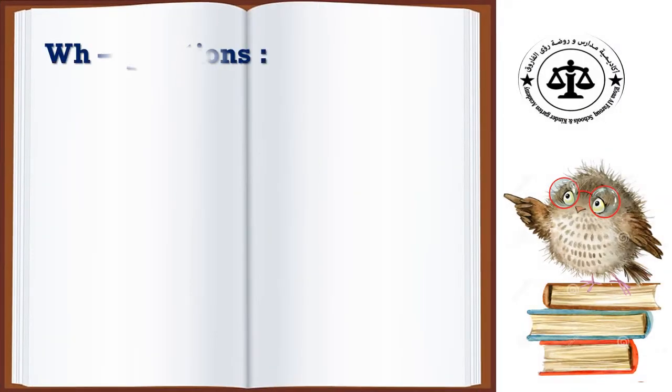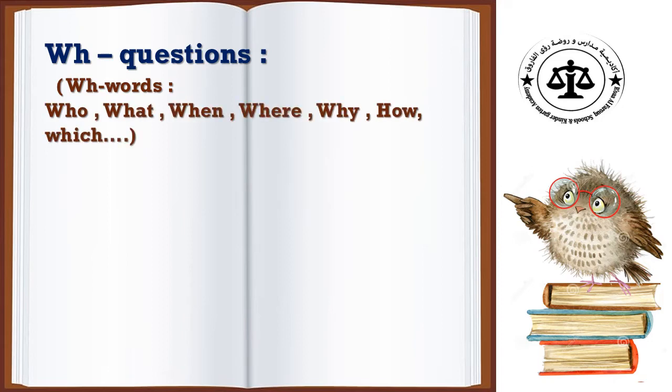Now let's move to the second kind of questions. This is WH question. In this kind we have to use the WH words. Let's remember what are these words. They are who, what, when, where, why, how, which, and so on. To make a WH question, we have to start by using the suitable WH word.